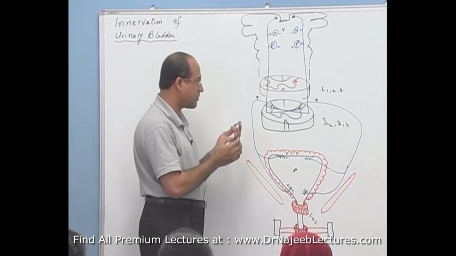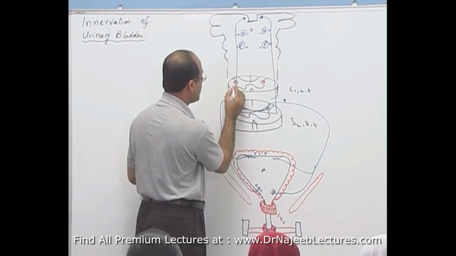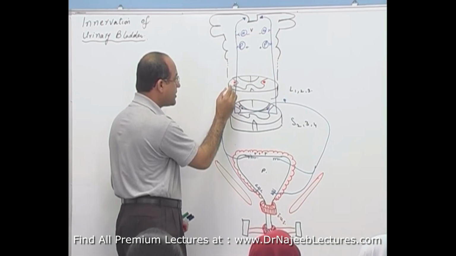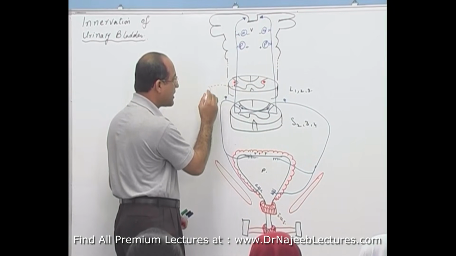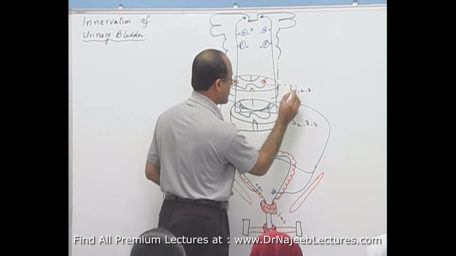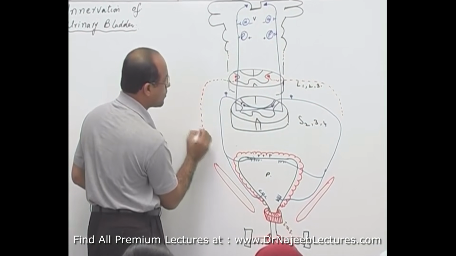And descending pathways from the higher center which come, they stimulate the sympathetic outflow. The dotted line is the sympathetic outflow.